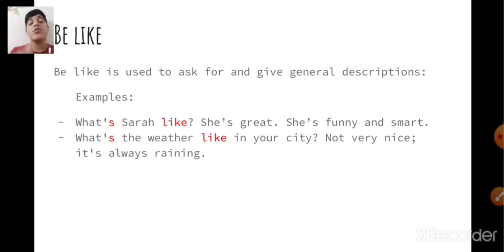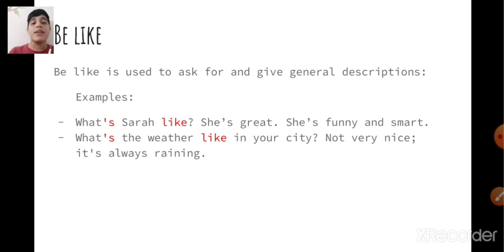So we need to conjugate the verb to be. In this case, we use what, third person, because we're talking about Sarah. What is Sarah like? ¿Cómo es Sarah in Spanish? She's great. She is funny and smart. So they are asking us how this person is, his personality or his abilities, whatever. Okay?